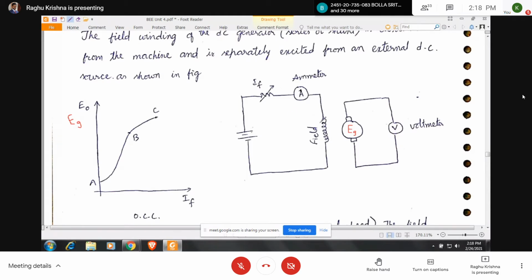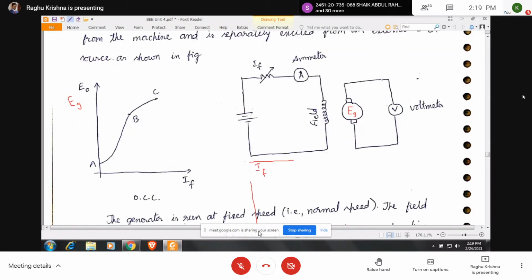We are going to increase the field current, note the values of E0, and draw the graph. In the lab experiment, you are going to draw a table like this.